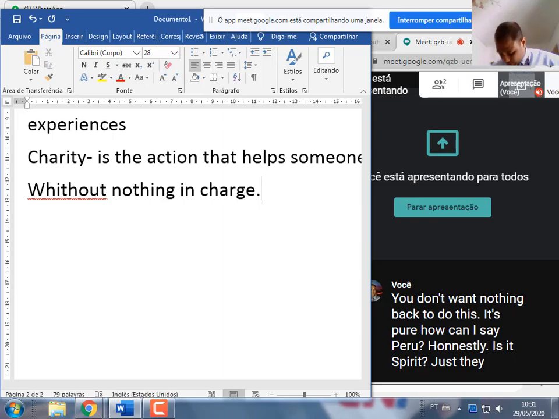Okay, everybody knows. Donor. The next word here, donor. What does donor mean, guys? Donor, how can I say? It's a help. Probably most of the time money.